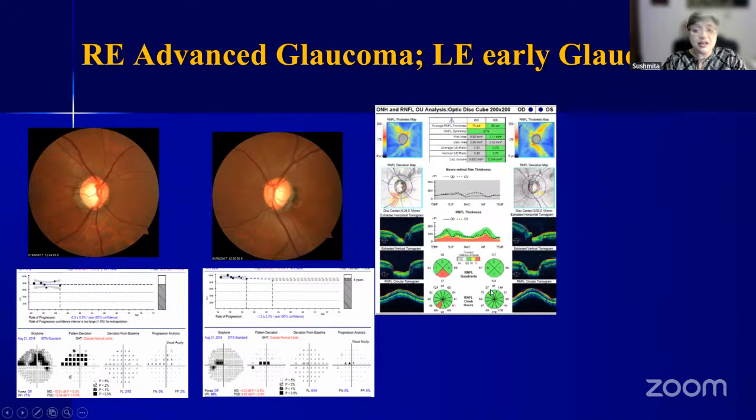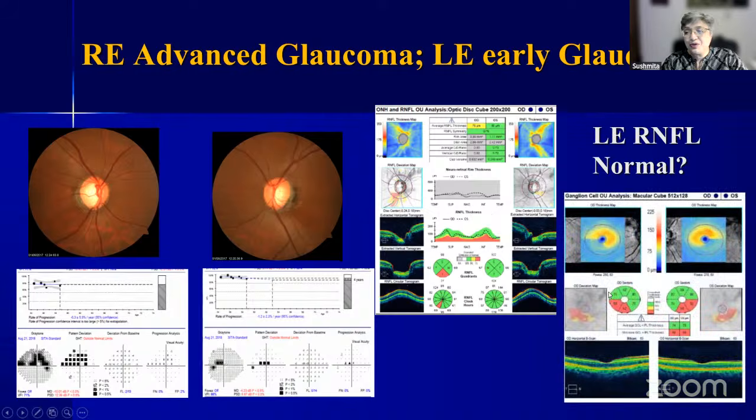So now you do your RNFL and look at this. Now your RNFL in the left eye is completely normal. And yet you can see there is bearing here. Now remember what I told you. You have loss nearer the papillomacular bundle, but it hasn't been picked up in these arbitrary lines which have been drawn on the OCT simply because the loss is not where this machine is measuring it.